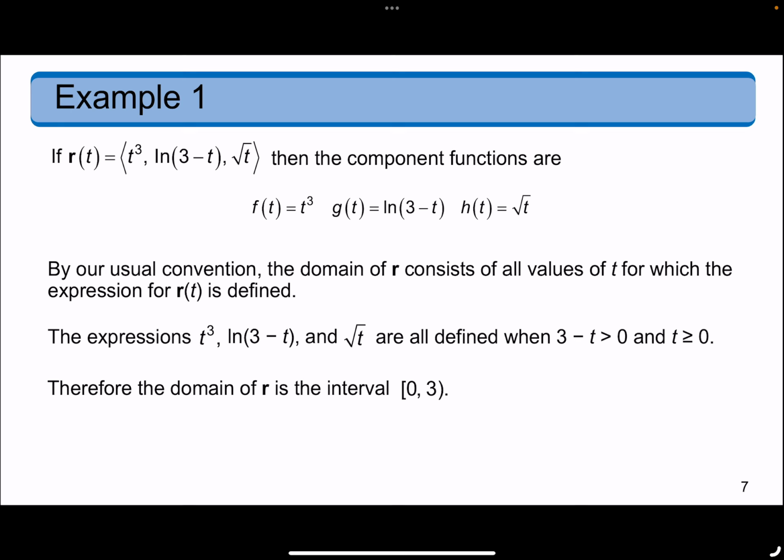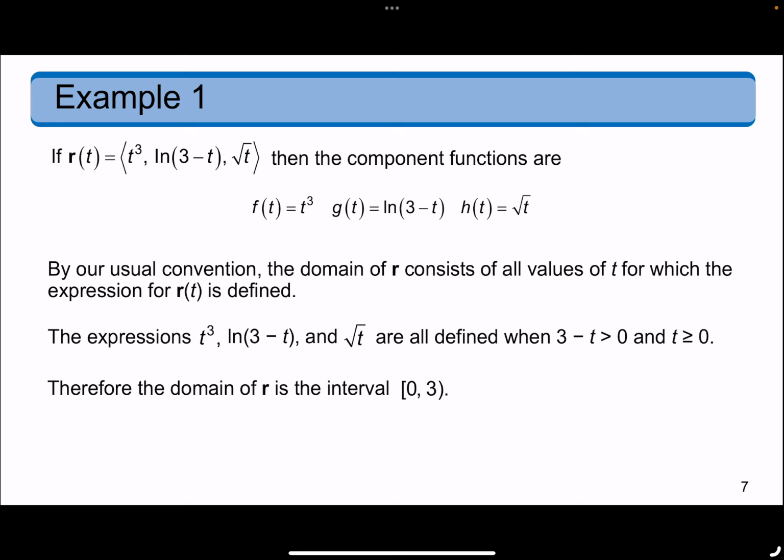The expression t cubed is defined over all real numbers. However, ln of 3 minus t would only have a value when 3 minus t is greater than 0, because for ln the argument must be positive. The square root of t requires t to be greater than or equal to 0, since it is an even index radical.